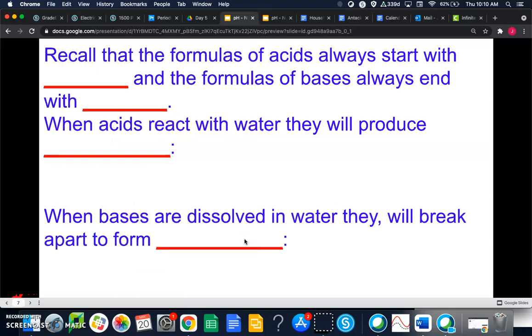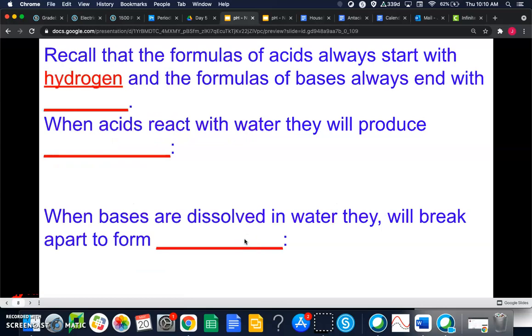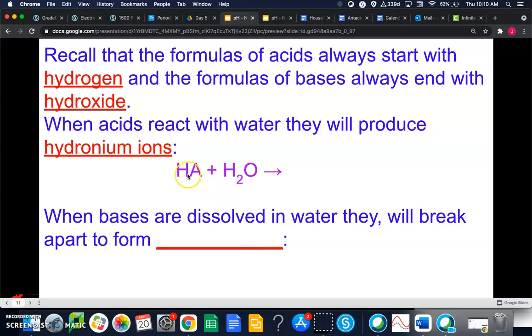Okay, so recall that the formulas of acids always start with hydrogen, and the formulas of bases always end with hydroxide. And so when acids react with water, they will produce hydronium ions. So here we've got an acid, HA, and that's reacting with water. And so the H is actually going to move over to the water.